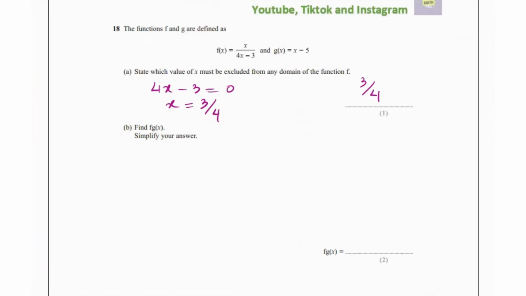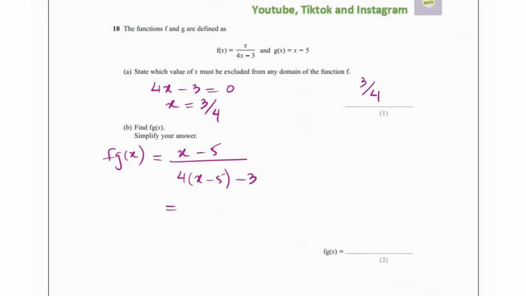Then find f of g of x. So they can always ask you to find the composite function. So f of g of x means that we will substitute function g in function f. So wherever there's x in function f, you write x minus 5 in its place. So x minus 5 over 4 times x minus 5 minus 3.